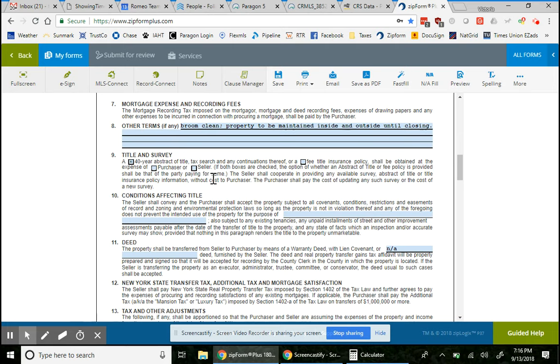So Schenectady County, it's financial responsibility of the seller. Montgomery County, Schoharie County, and Warren County, I believe, are all seller. The only one I'm not sure on is Montgomery County. Washington is seller too.